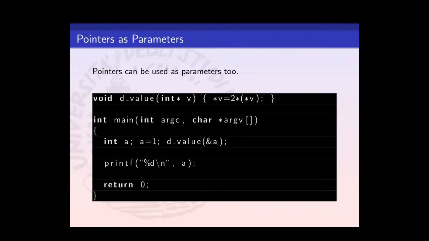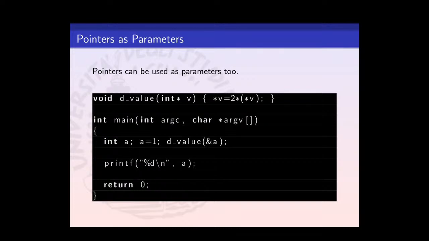Now have a look at the main function. So we have here an integer variable a assigned to 1, and then we are trying to call dValue, but not on a itself, because of course the two types are different. So a is an integer value, while the formal parameter of dValue should be a pointer to integer.